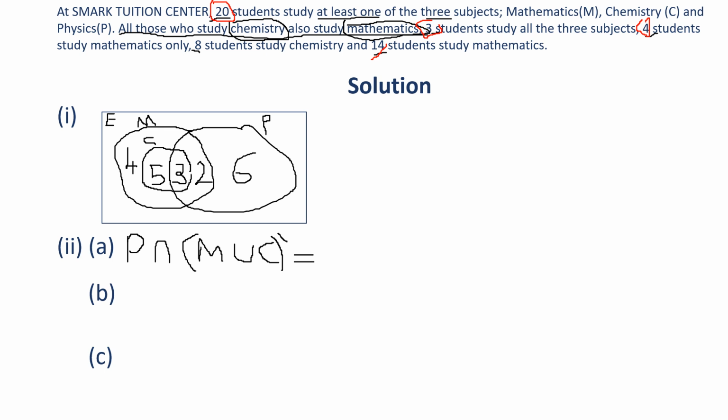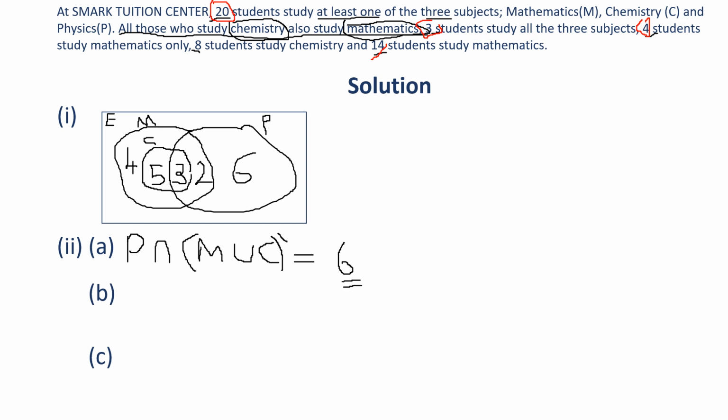So the ones who were studying physics only, in this case it's 6. So 6 students are the ones who are studying physics only. They are not in mathematics, they are not in chemistry, but only in physics.